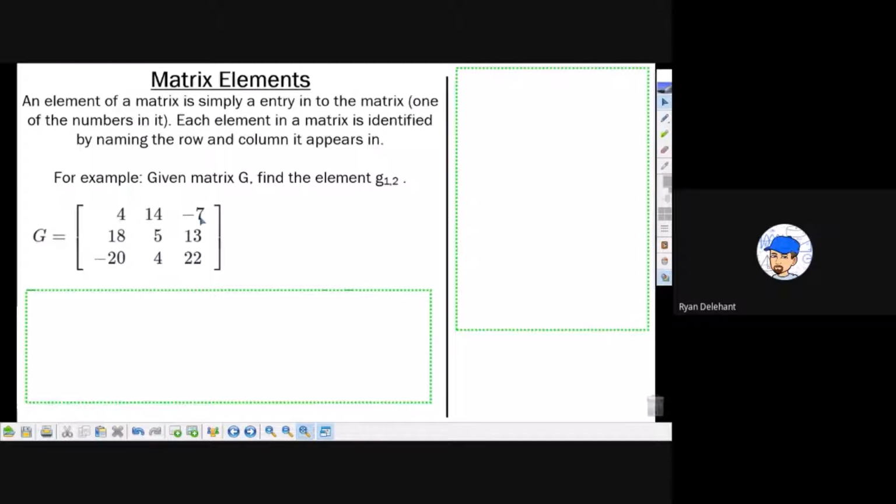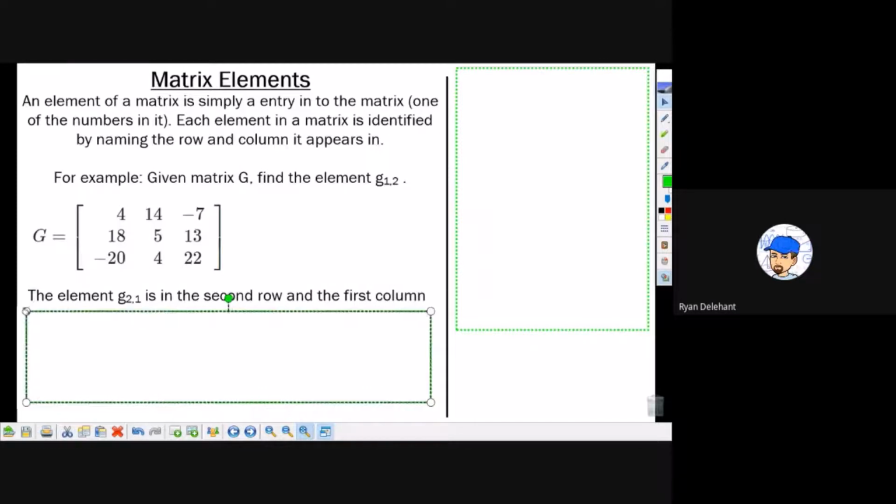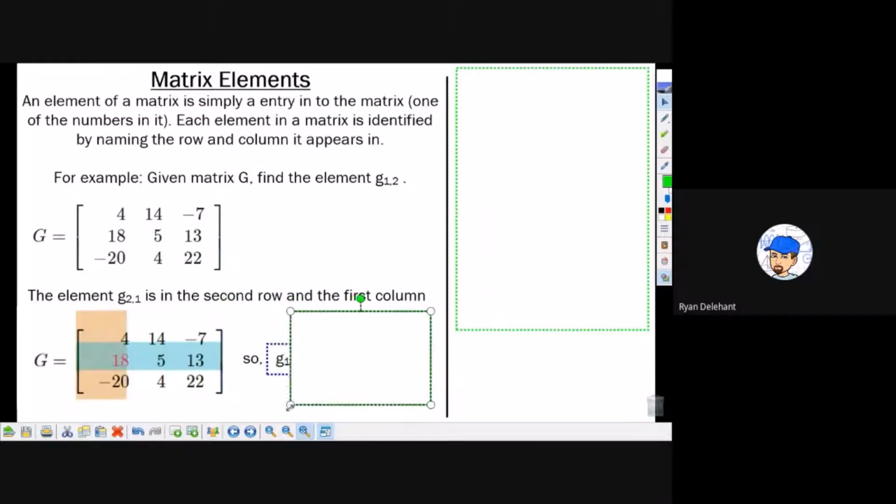So for example, we're given matrix G, I want to find the element in G2,1. Then when you go to do this, since rows come first, then columns, it's telling me to look into the second row and the first column and find the number. So when we look in the second row, that's the blue, and the first column right here, and we look for their intersection, we see that that number is 18.